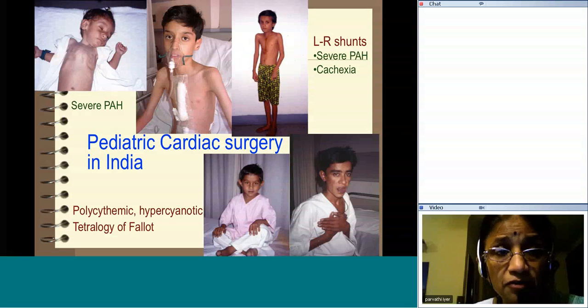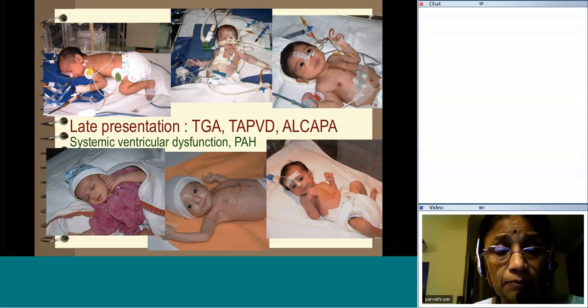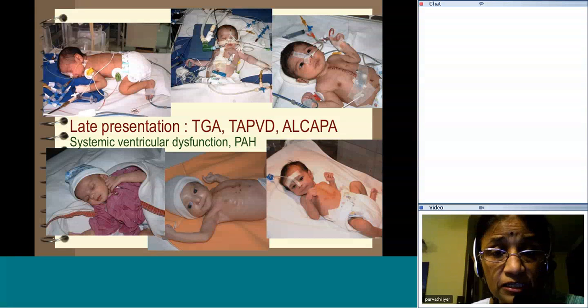All of us are aware of the increasing number of late-presenting infants, that is transposition, total anomalous pulmonary venous drainage, ICAPA, who present with pre-existing systemic ventricular dysfunction. In this substrate of patients, the incidence and intensity of postoperative low output state is even greater.